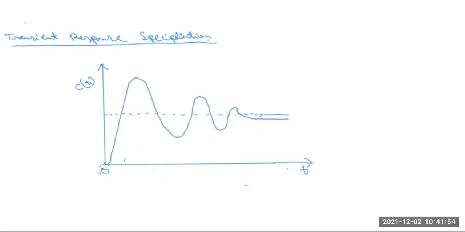So this is the starting point, and here this is TR, and another one is the peak value, which we represent as TP.